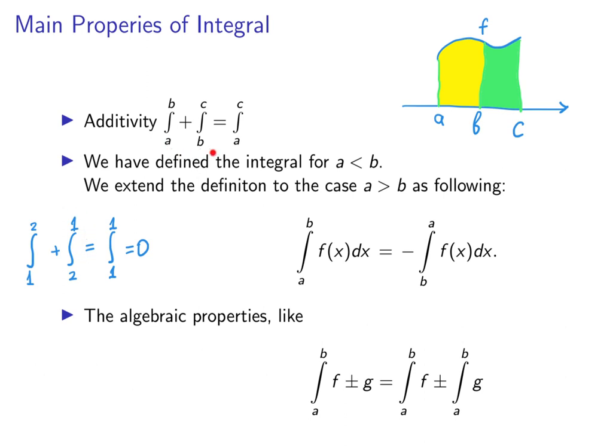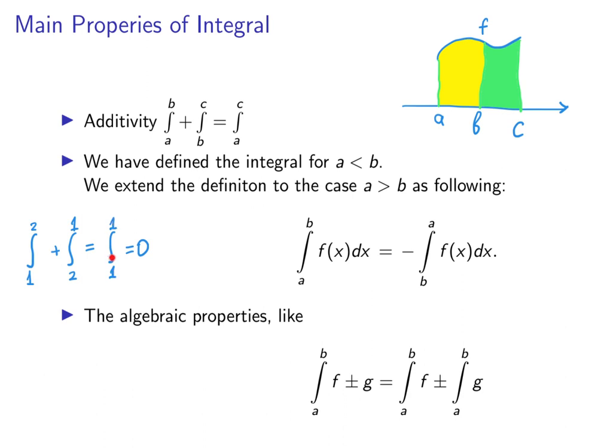We want the additivity property to always hold. In particular, we want, for instance, the integral from 1 to 2 plus the integral from 2 to 1, according to this additivity property, to be the integral from 1 to 1.